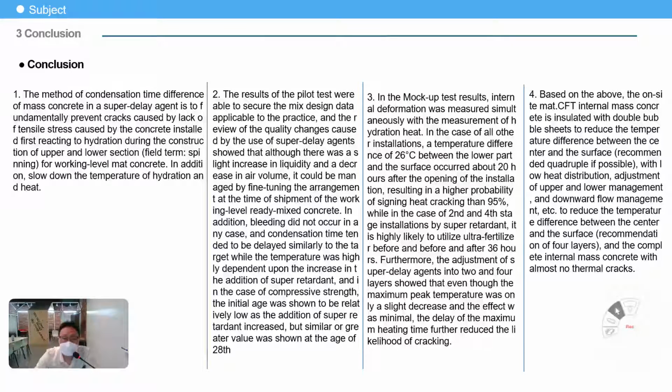3, the mock test result. Internal deformation was measured simultaneously with the measurement of hydration heat.